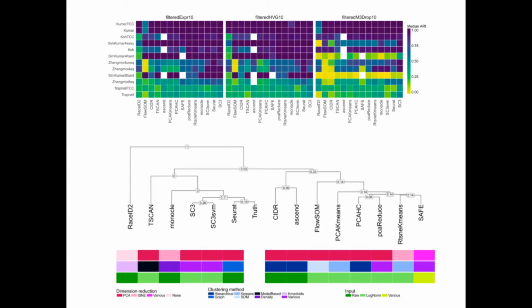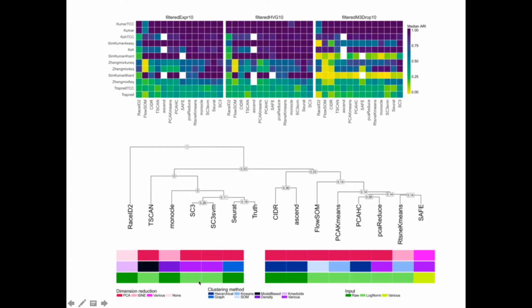And as you can see, here is a list of what type of dimensionality reduction these different methods are starting with, where PCA here in dark pink is the most popular, what kind of clustering method, and what kind of input you have to the data.